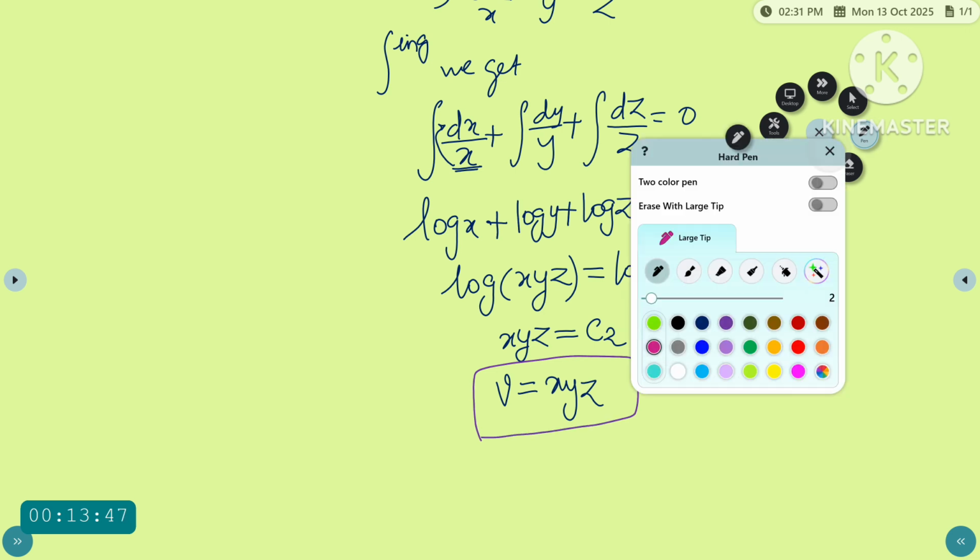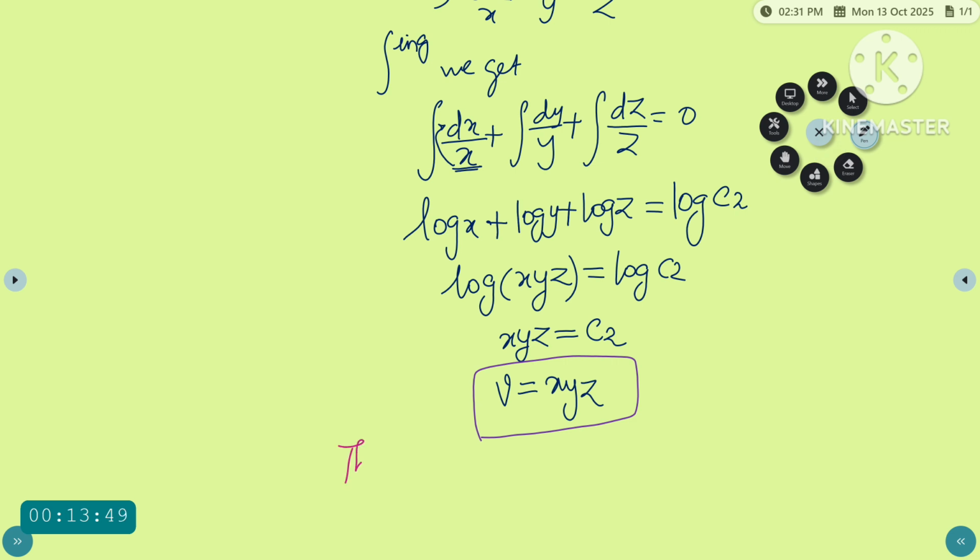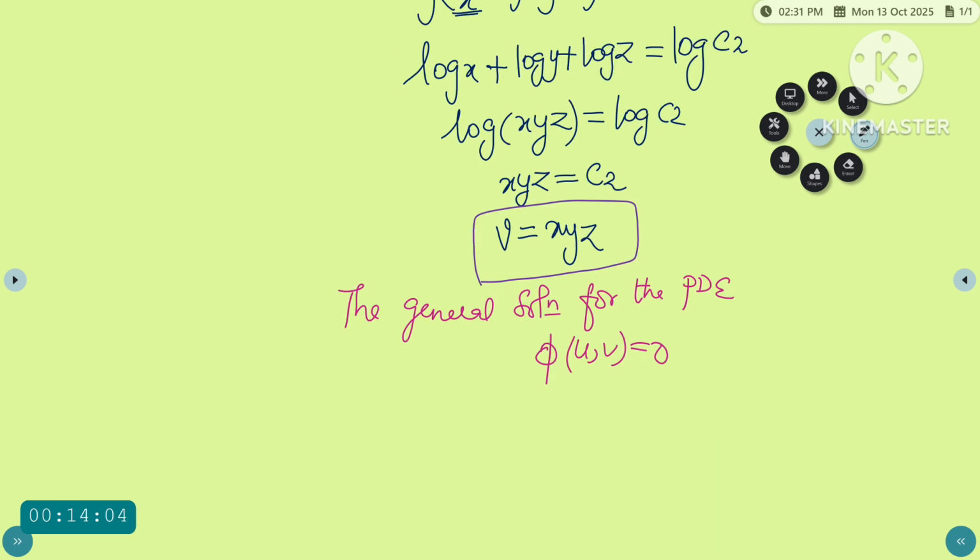How can we write the general solution? The general solution for the PDE is phi of u comma v equal to 0. What is our u here?